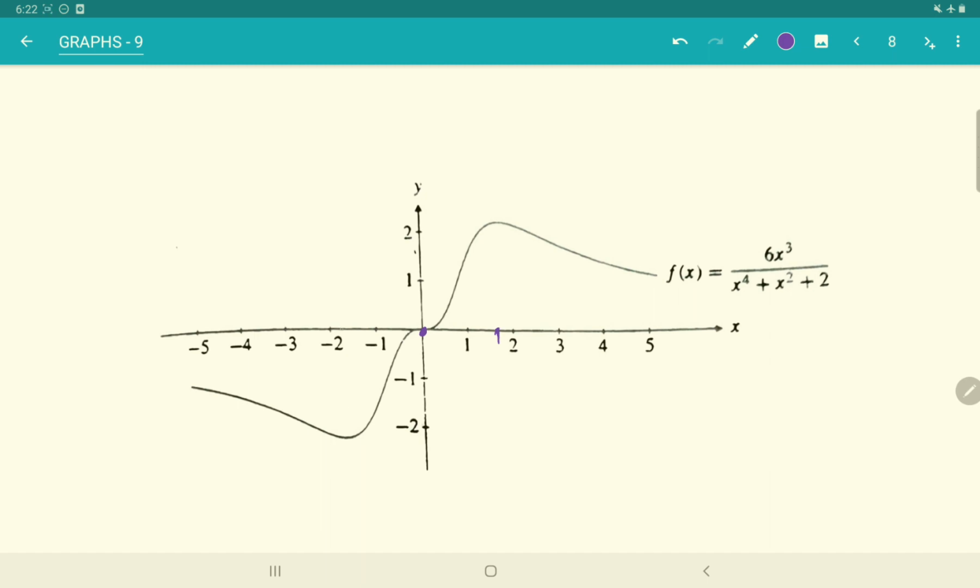So that's root 3 and that may be minus root 3 and that is 0, and we can see here that x is equal to minus root 3 is a local minimum point, x is equal to root 3 is a local maximum point, x is equal to 0 is neither a local maximum point nor a local minimum point.